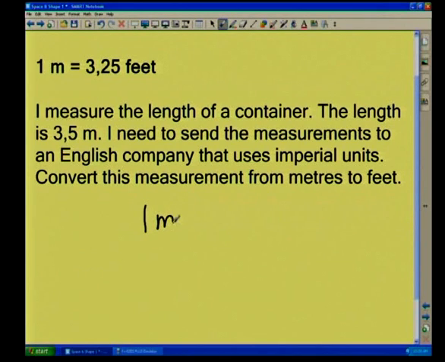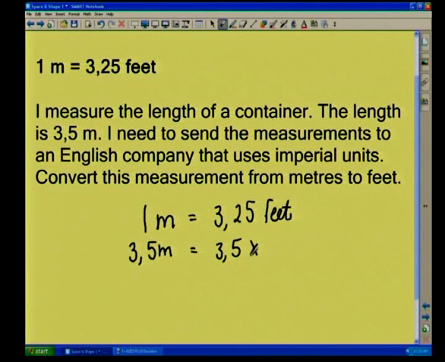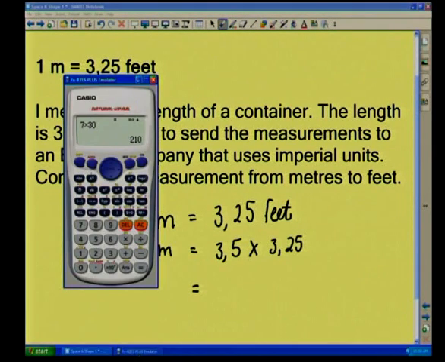1 meter is equal to 3,25 feet. And I've got 3,5 meters. So that's going to be 3,5 times 3,25 feet. Getting out my calculator again.